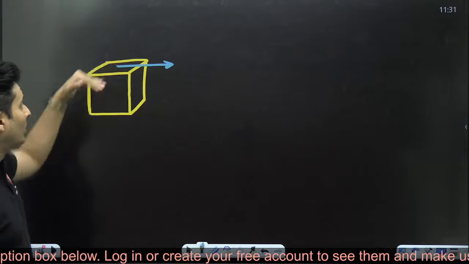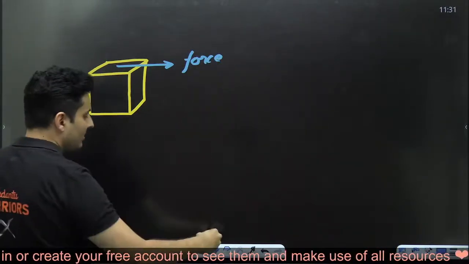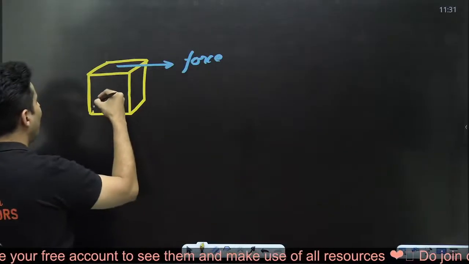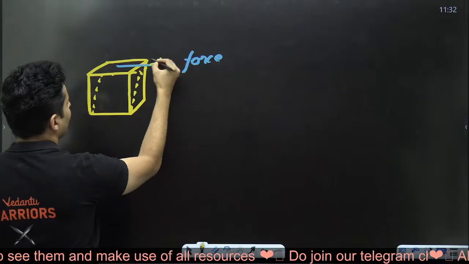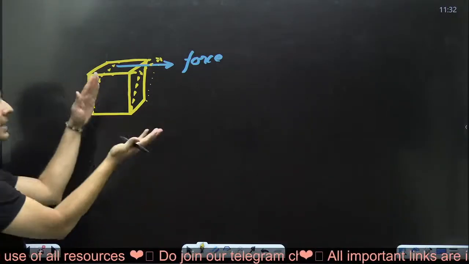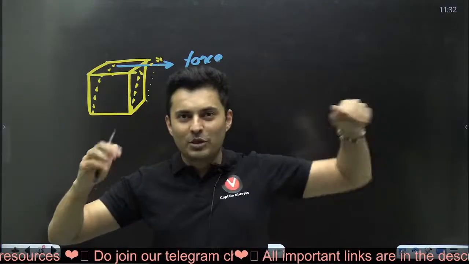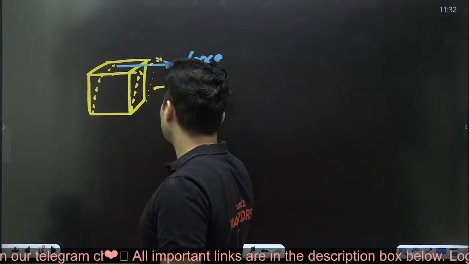But this time the force is parallel to the surface, and this solid will bend like this. Are you able to visualize? You apply the force parallel, and the solid will bend like this.